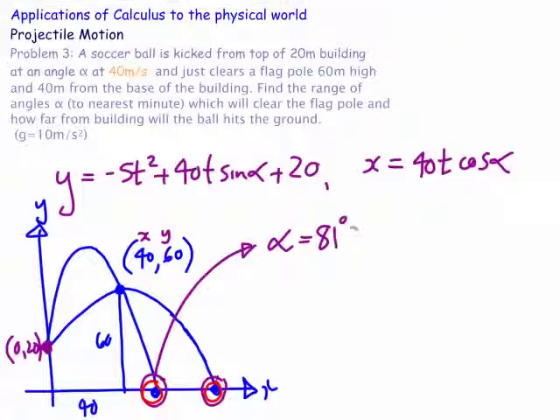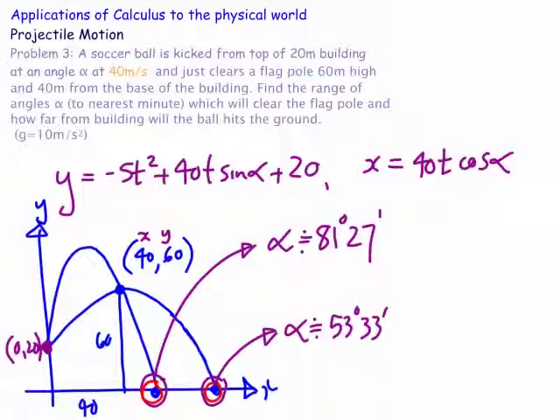And how about this other one? This one had an alpha of 53 degrees 33 minutes. These are just rounded off to the nearest minute, so these are approximate. I'm going to use the exact values in the calculator from the previous part of the question.